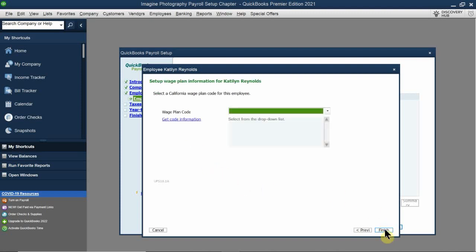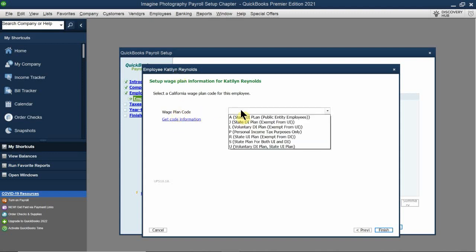Okay. And then next. And then last but not least, we have what tax code is she going to be using? In this case, we're just going to make it S. Okay. What are these tax codes or tax plans? Again, I'm not a tax accountant, so I'm just following what the book says.